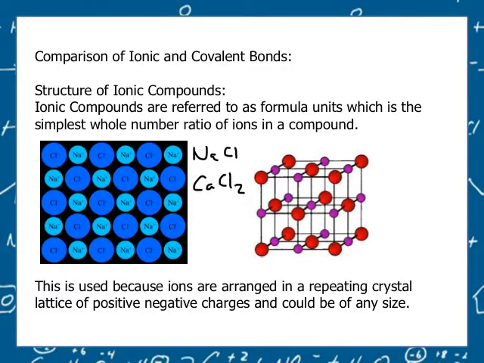And we don't refer to these as molecules because they're arranged in what we call a crystal lattice, which is just this repeating structure of positive, negative, and it could be extended into whatever size crystal you wanted to make. So there isn't any one molecule, so to speak, of sodium chloride.